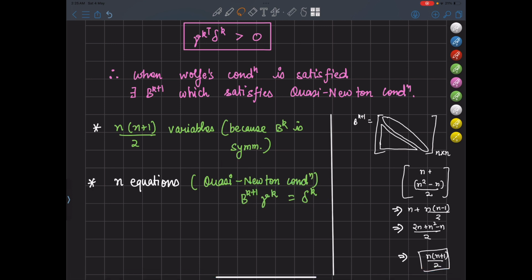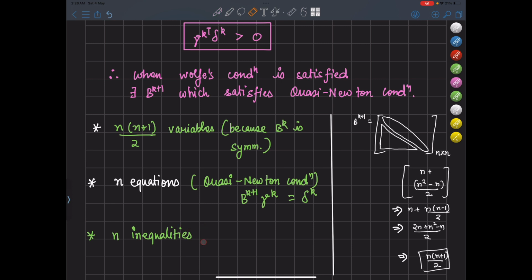And there is one more requirement, that is bk plus 1 should be positive definite, right? So there are conditions related to that also, which are n inequalities. Why n inequalities?